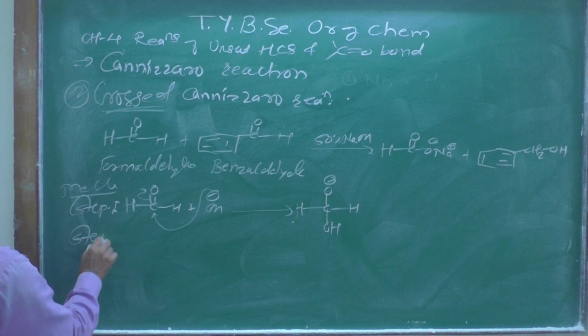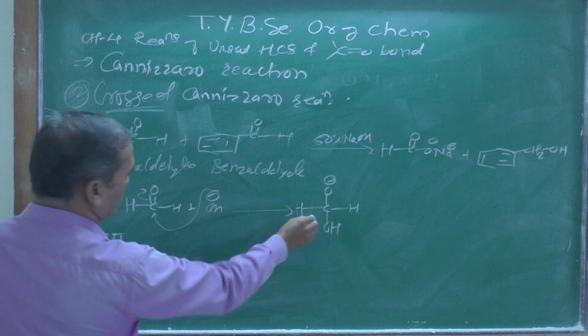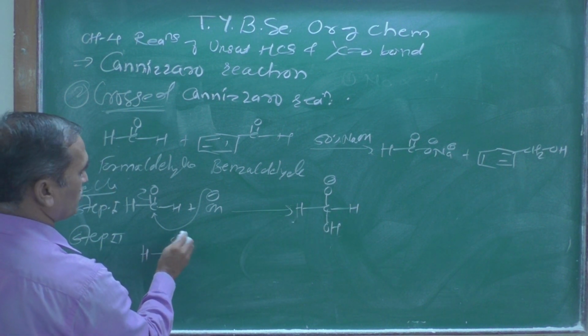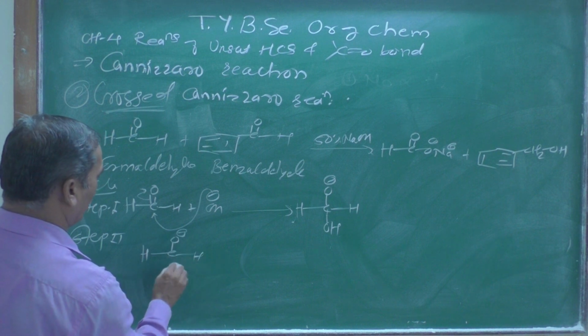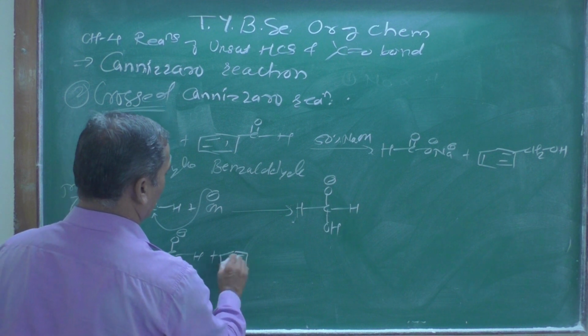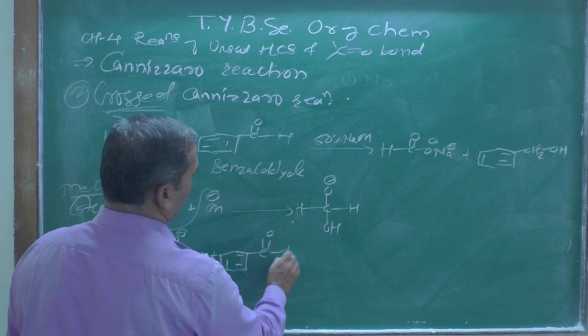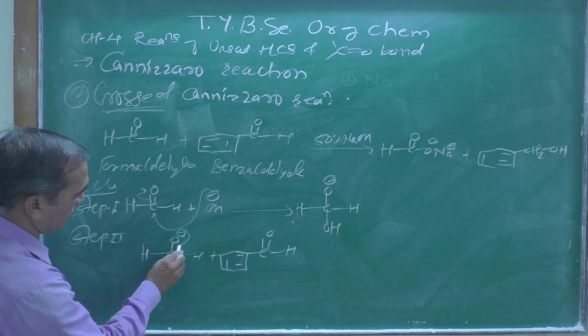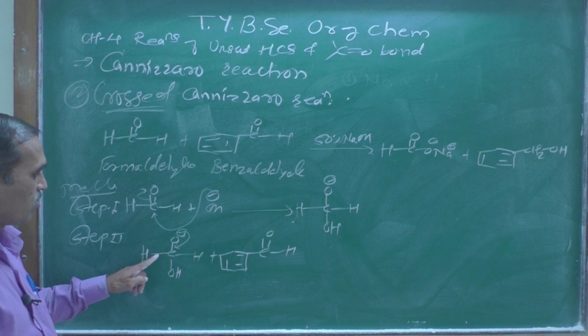Now look at step number two. Step number two: you write down this molecule as it is. Observe this molecule carefully, OH, and then benzaldehyde, as we know, benzaldehyde C double bond O, H, right? Now this negative charge forms a double bond with that oxygen.